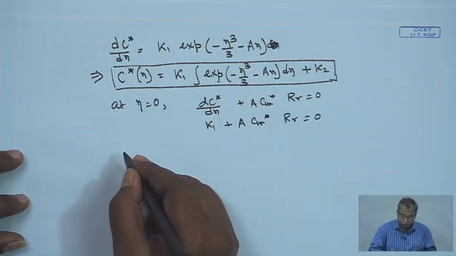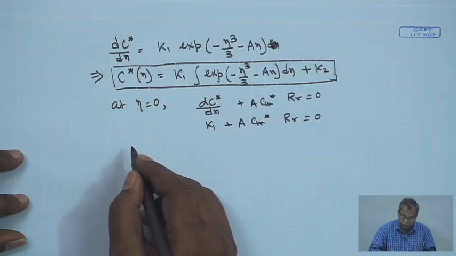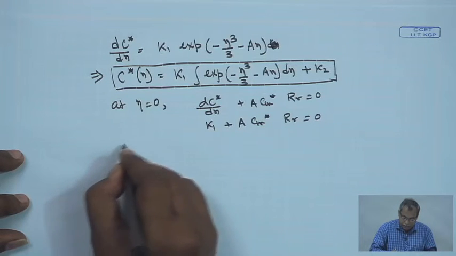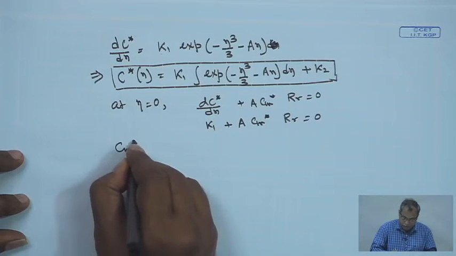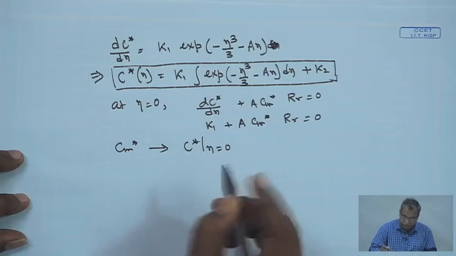So, let's find out the value of C m star. What is C m star? C m star is C star evaluated at eta equal to 0.